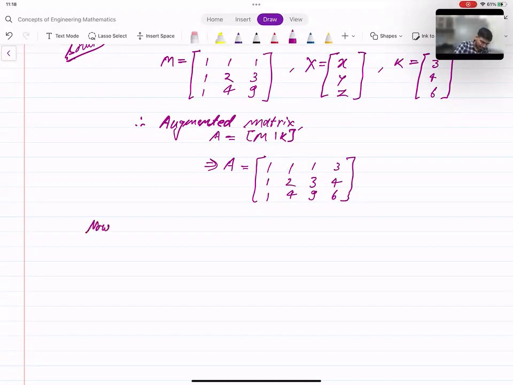Now the determinant of M is 1 into 18 minus 12, minus 1 into 9 minus 3, plus 1 into 4 minus 2.